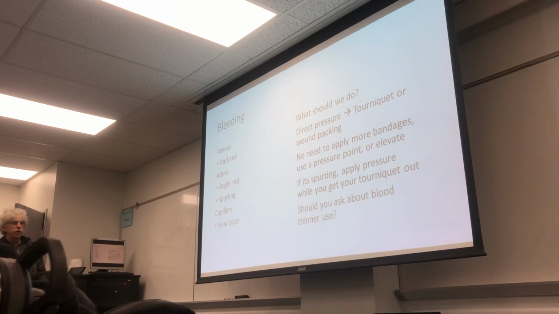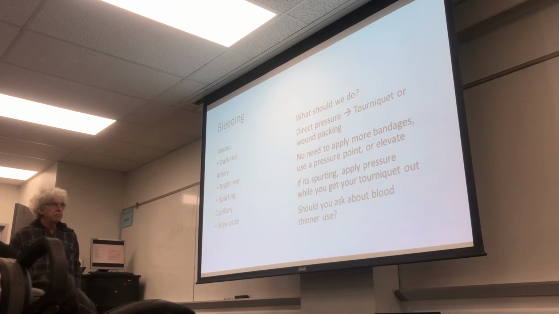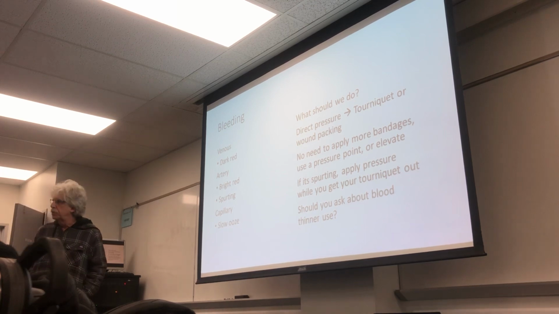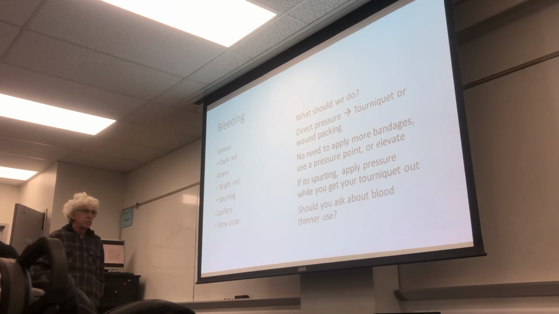We start with direct pressure. If direct pressure is not appropriate, you can either pack the wound or use a tourniquet. Pressure points and elevation are no longer considered treatment options for soft tissue wounds.